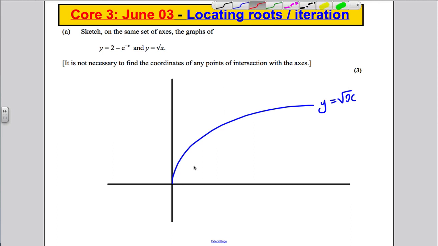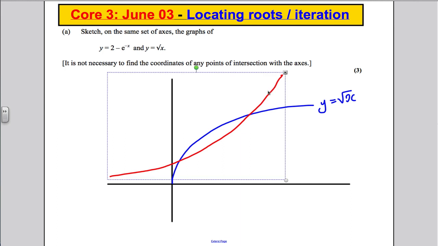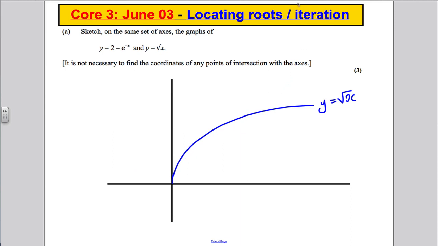Well, let's do it in stages. Let's remind ourselves that e to the x looks something like that. But we're asked to draw e to the negative x. So e to the negative x actually looks something going like this.